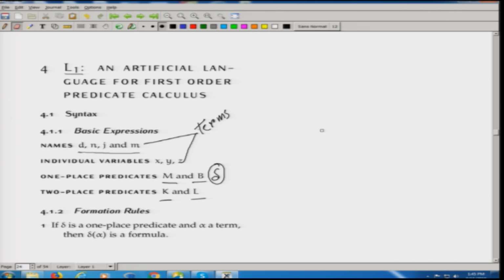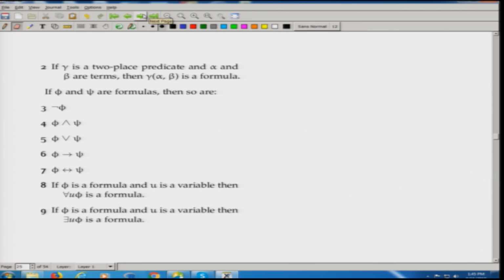Then we go to the next page. Here, if gamma is a 2 place predicate, we have two 2 place predicates, K and L. If alpha and beta are terms, that is, individual objects, then gamma alpha beta is a formula.